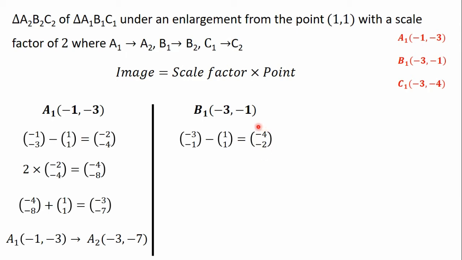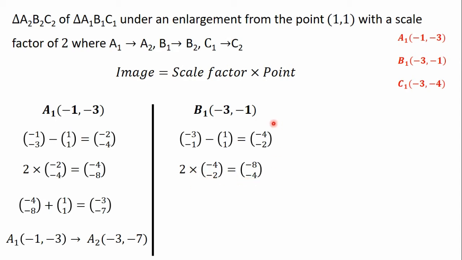After that, we will enlarge -4, -2 from the origin with a scale factor of 2. So we are going to multiply the scale factor, which is 2, by the point -4, -2. 2 times -4 gives us -8. 2 times -2 will give us -4.